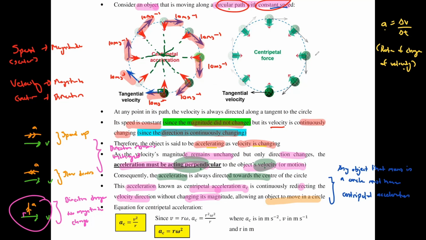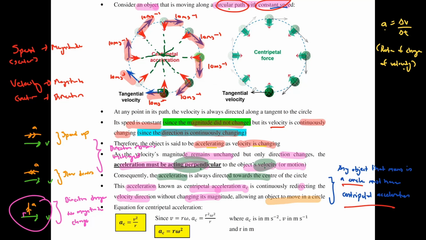Okay, anything that moves in a circle for sure must have centripetal acceleration. It is centripetal acceleration that allows something to move in a circle in the first place. So that is the thing that you just need to know from here. As long as it moves in a circle, there is something called centripetal acceleration. It's the thing that causes the object to move in a circle in the first place.